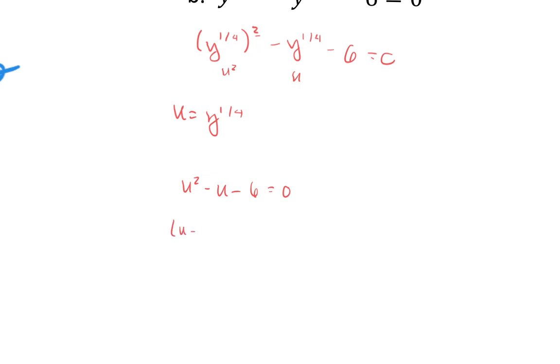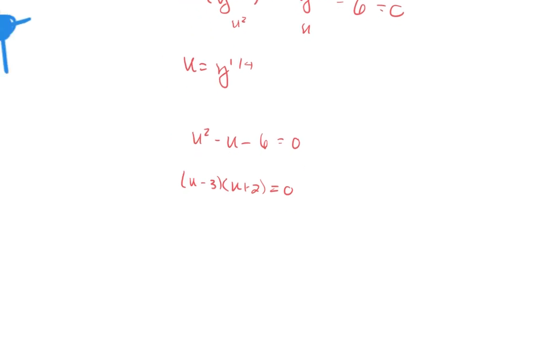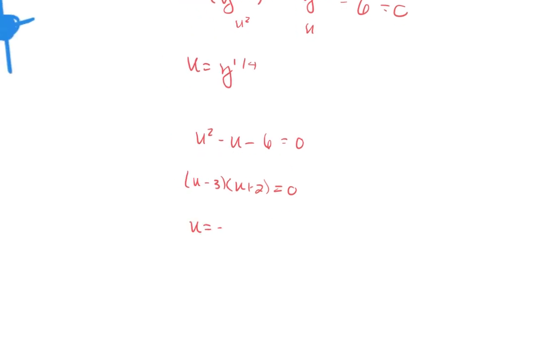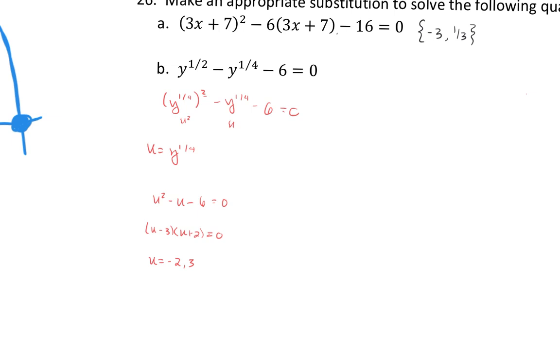So we're going to say u minus 3 times u plus 2 is equal to 0, which gives us solutions of -2, positive 3. Now again, we're not done. What we have to do is take these values and convert them back into y's. So we could write -2 equals y to the 1/4, and 3 equals y to the 1/4.